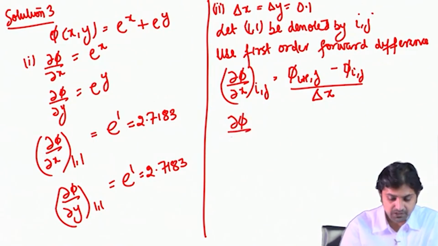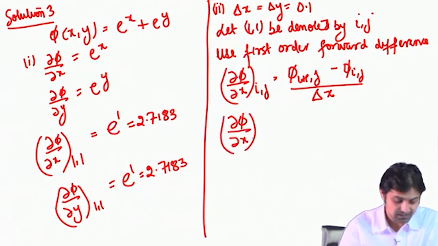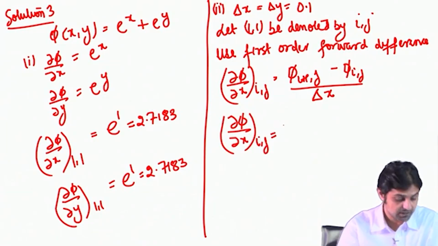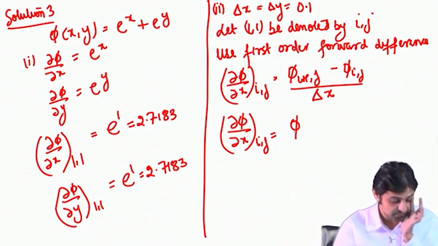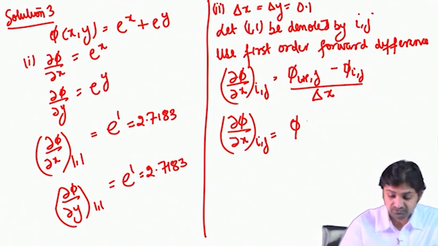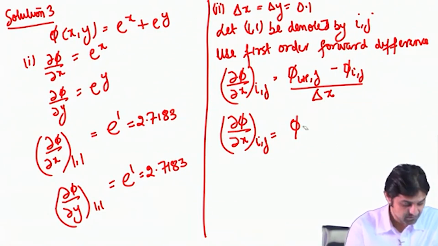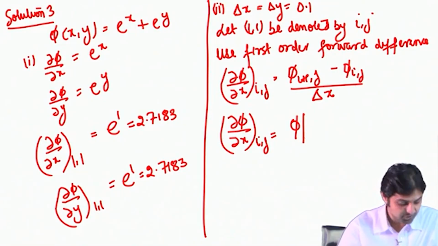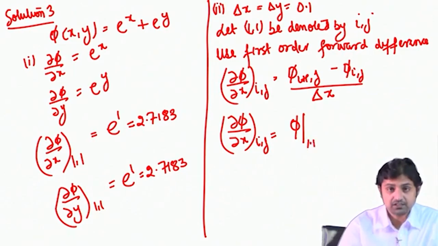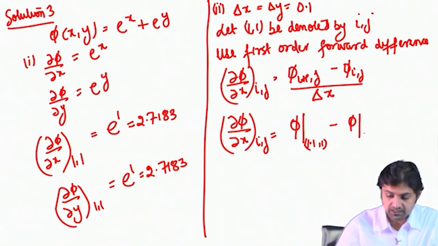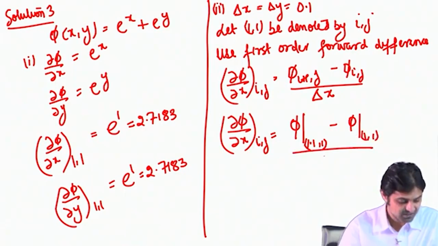Or del phi del x at i comma j can be written as phi at what point? 1, because delta x is 0.1, so 1 plus delta x, so that is 1.1 comma 1, minus phi at 1 comma 1, divided by 0.1.